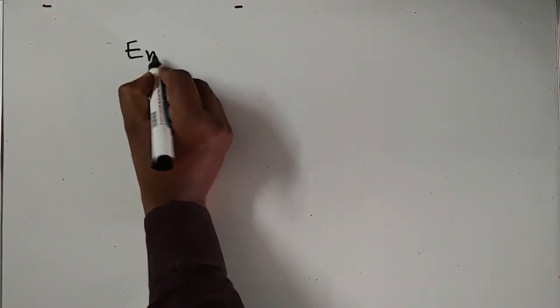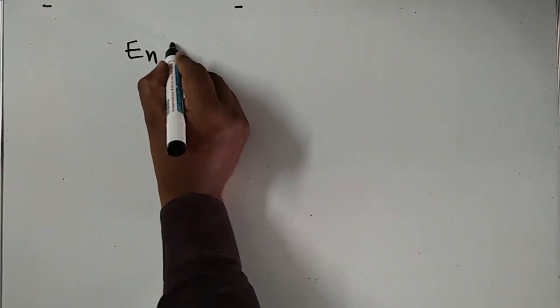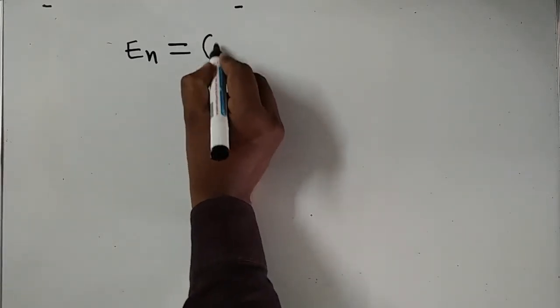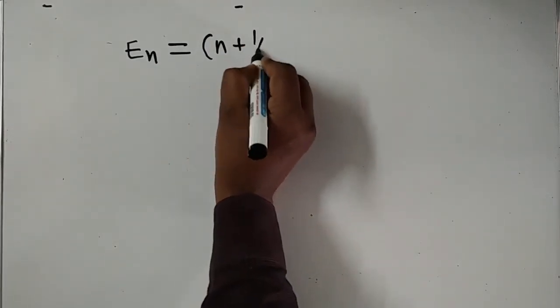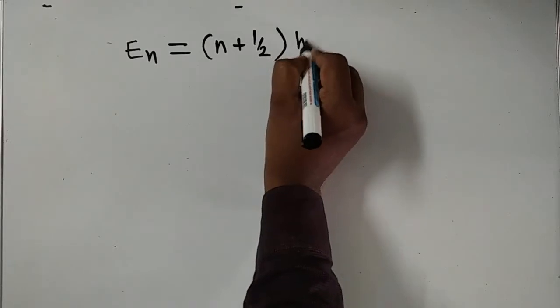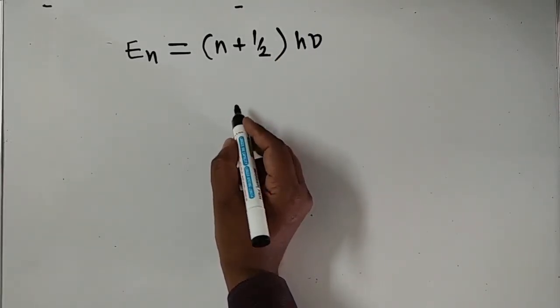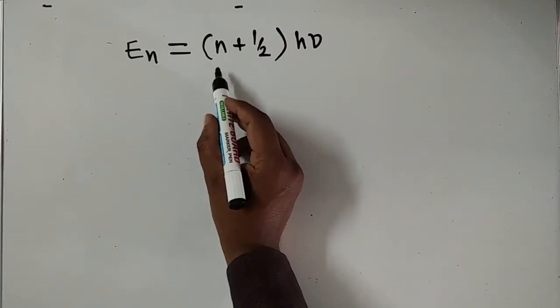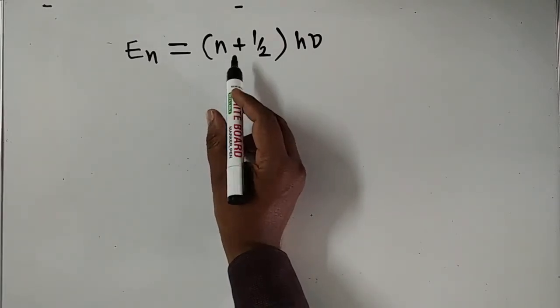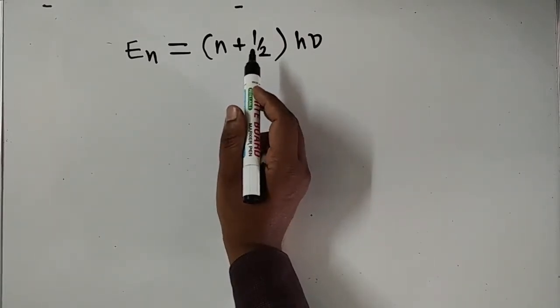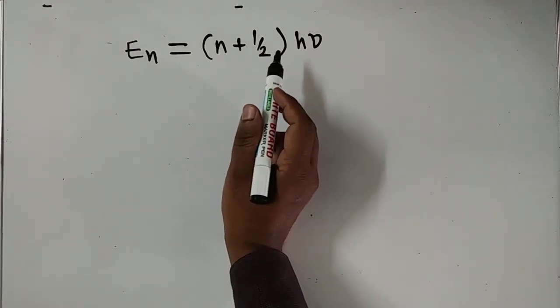So we know the vibrational energy of the diatomic molecule is given by, so vibrational energy, so it is quantized, and therefore we can write En is equal to n plus half h nu, right. So here this n is an integer, so it can take values from 0, 1, 2, 3 up to infinity, right.